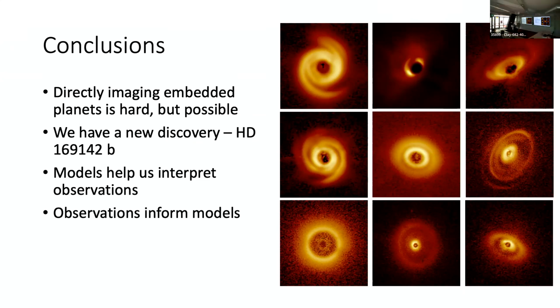Thank you for the nice talk. Do you think that high resolution dust observations of HD 169142 could show the possible circumplanetary disk? With ALMA? Yeah, with ALMA. Yeah, we think it's possible.